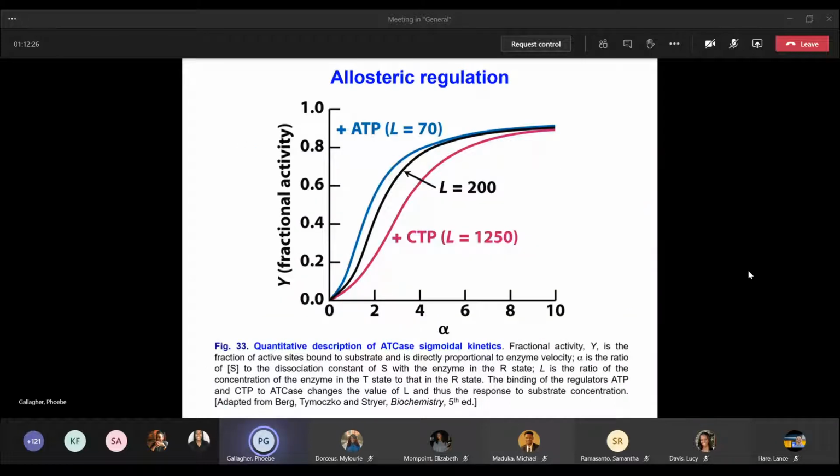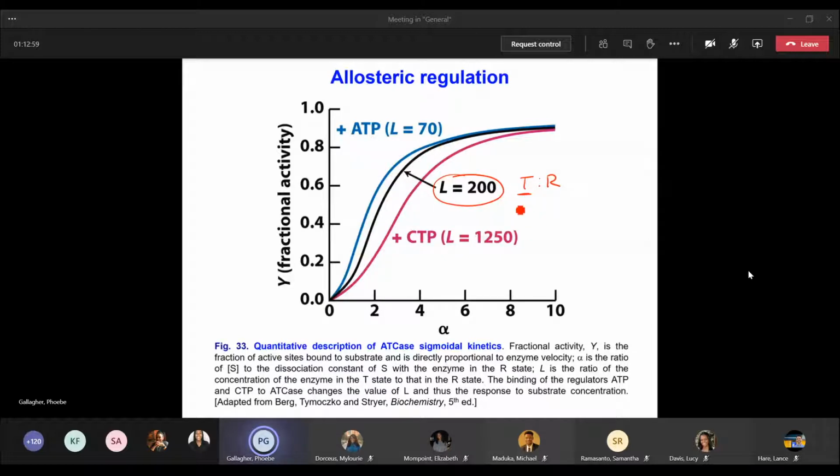Okay, so what is being shown here are these L values. You're putting these two together, and they show you these L values to show that this is the ratio of the T state to the R state. Taut means that the enzyme is in a conformation that makes it less likely to bind the substrate, so it's got a slower reaction rate.